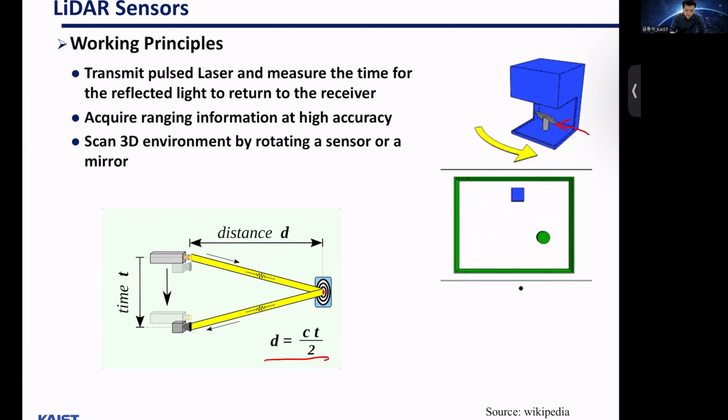But when you have multiple lasers shooting into the space, let's say vertically, and rotating in the horizontal direction, then you get 3D information. And we call that a point cloud, okay?